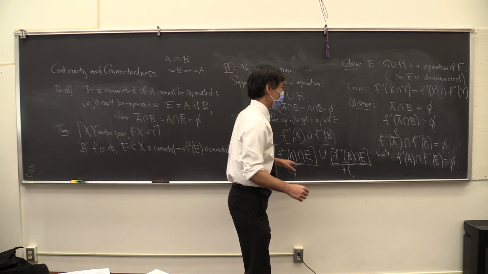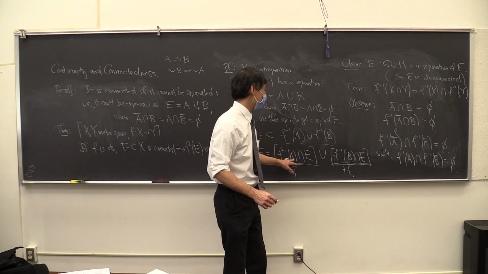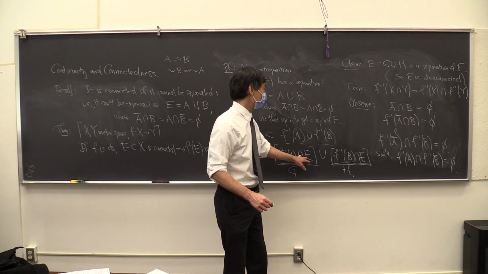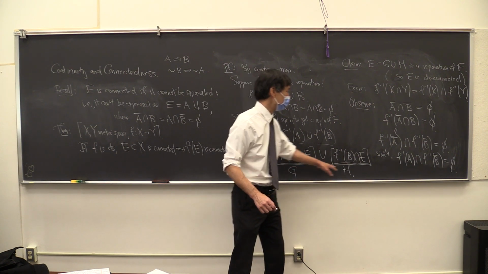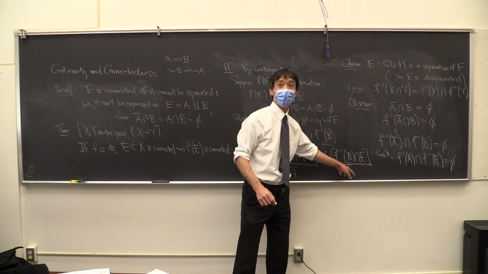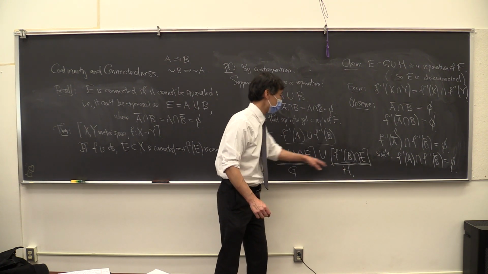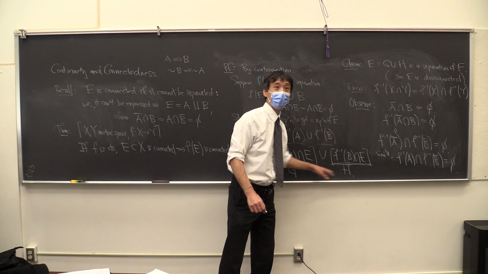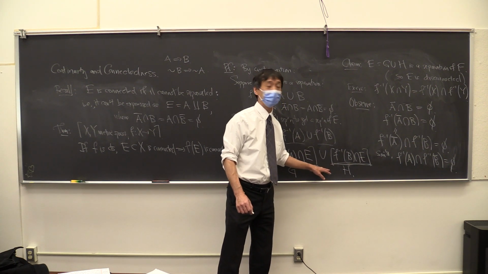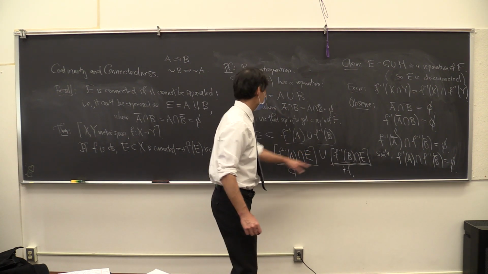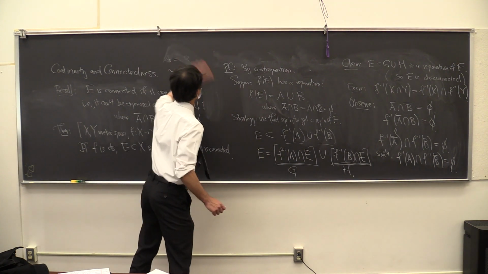That's looking pretty good, right? Because what we want is to show that G hat intersect H is empty, and H hat intersect G closure intersect H, and H closure intersect G are both empty. And you see what's going to happen here.